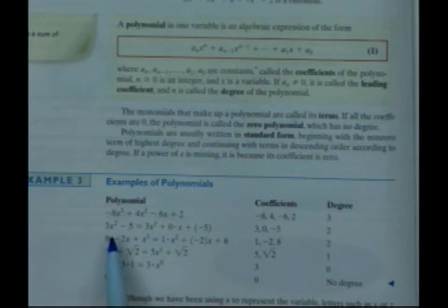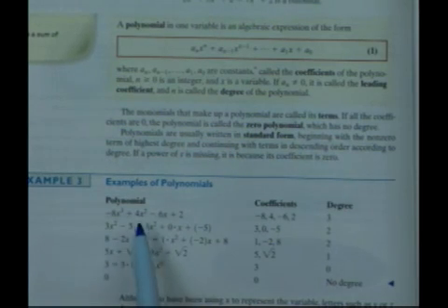Okay. The second example here, I'm not quite sure why they put all these little equal to's in here, because we were talking about polynomial expressions.